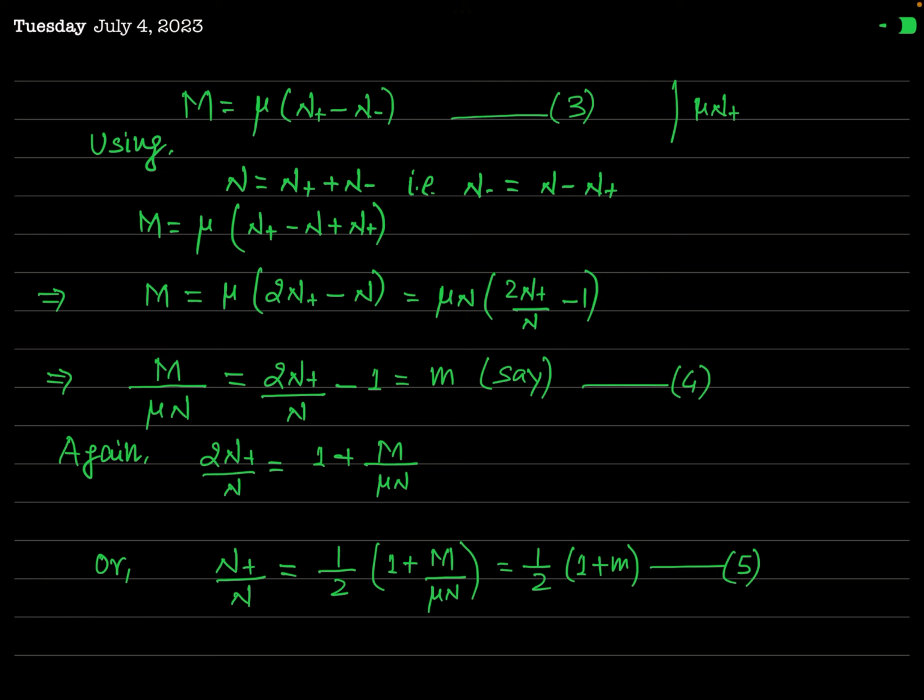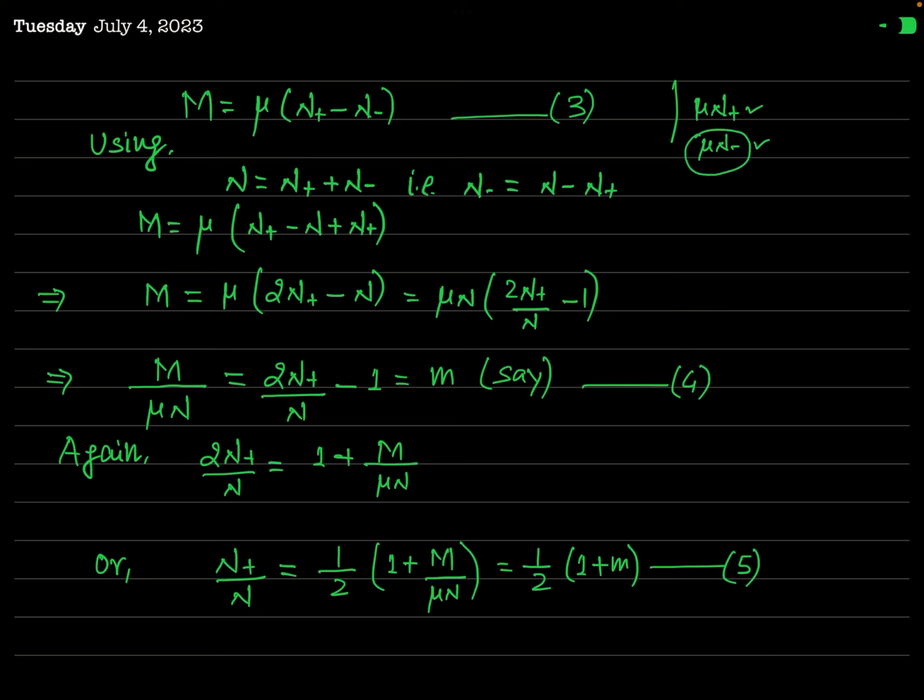And the total magnetic moment for the down spin will be mu n minus. But the value of mu n plus is positive, and the value of mu n minus will be negative, because we are talking about up spin whose value is +1 and down spin whose value is -1. So we simply add these two values algebraically.